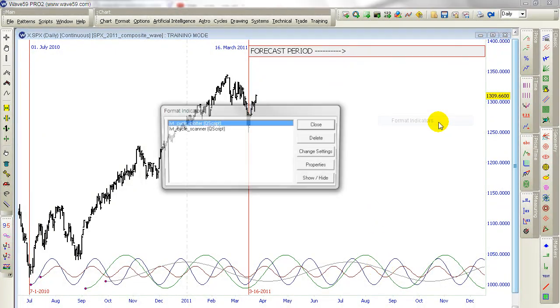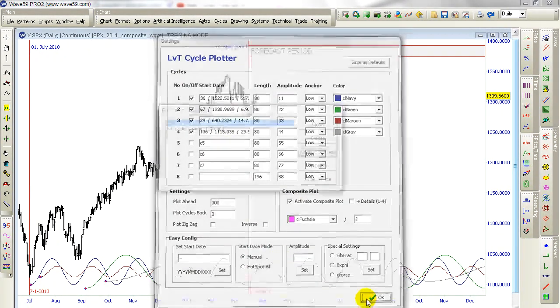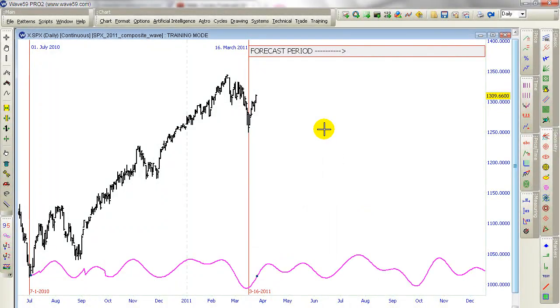So what is more interesting is to put on a composite plot. The composite plot just adds all these four cycles up into one composite cycle, which will be shown on the chart here. So now all cycles have been put into one composite cycle here, and this is the cyclic forecast we made just in March of 2011 for the rest of the year of 2011.